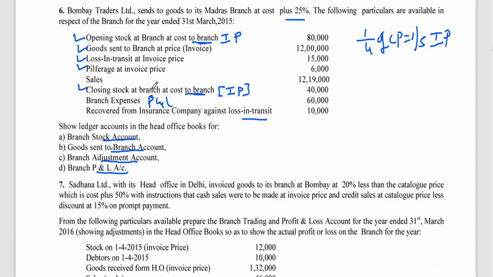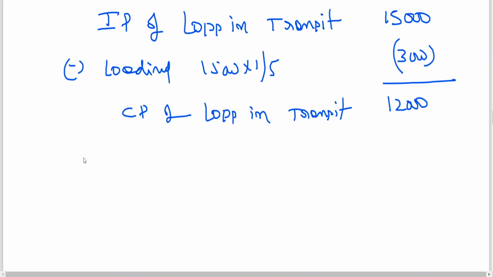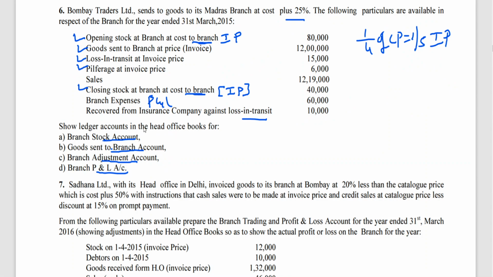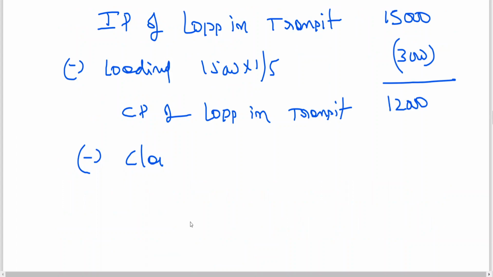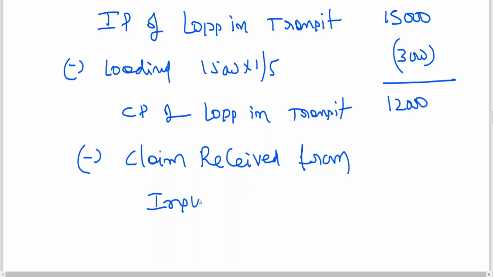And what is the amount being received from the insurance company? 10,000. Claim admitted, recovered from insurance company. Claim received from insurance company, 10,000.